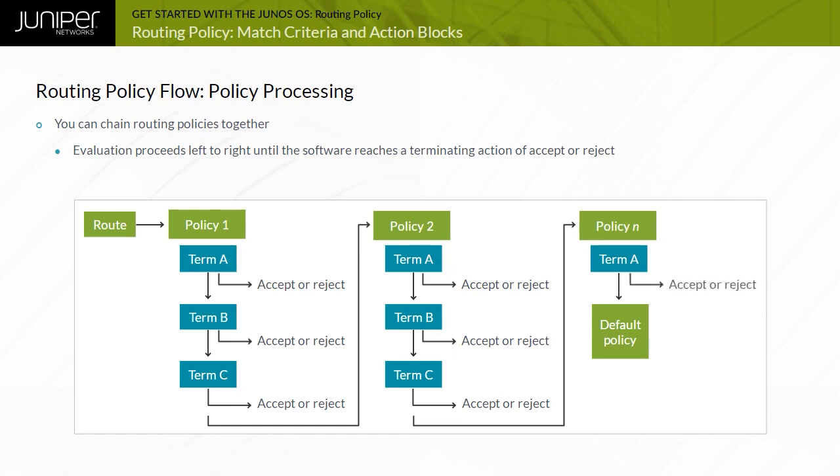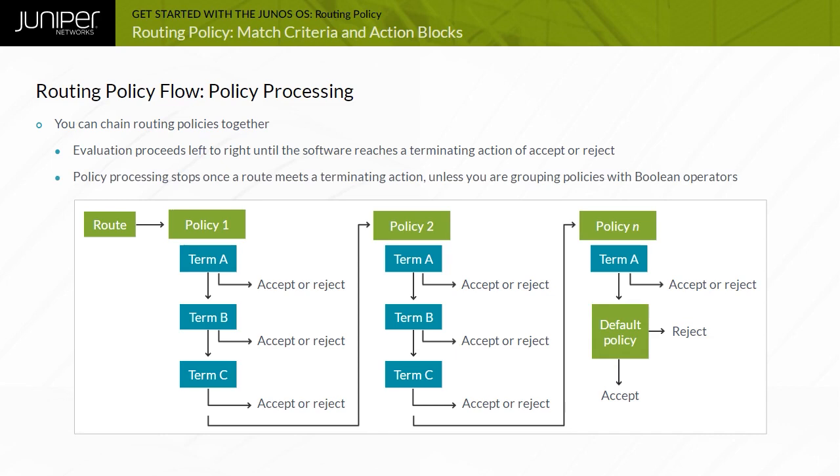This pattern repeats itself for all policies in the chain. Junos OS ultimately applies the default policy for a given protocol when no terminating actions occur while evaluating the user-defined policy chain. Policy processing stops once a route meets a terminating action, unless you are grouping policies with Boolean operators.